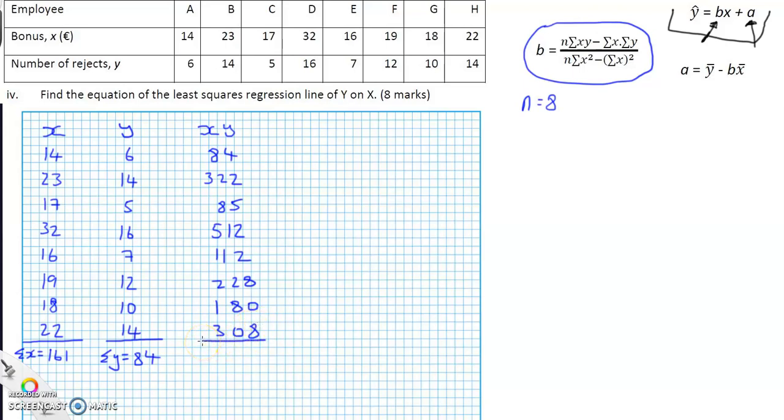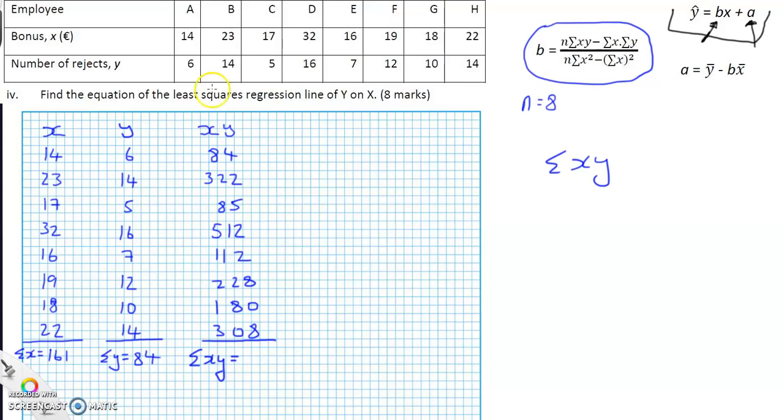We're going to need to add all of them up as well, because in the formula we need this bit, summation xy. So summation xy equals the sum of all these numbers, the total of the xy column. 84 plus 322 plus 85 plus 512 plus 112 plus 228 plus 180 plus 308.